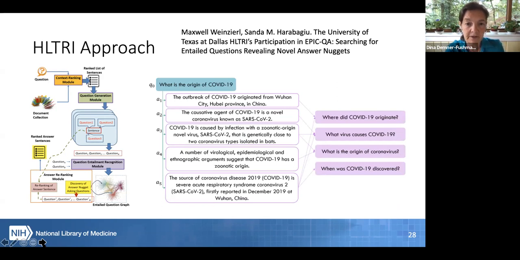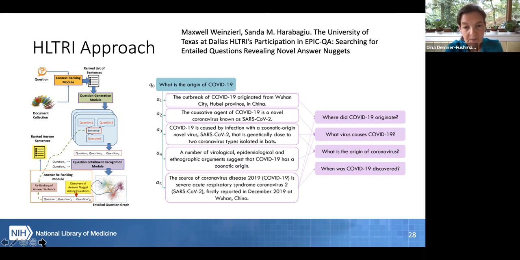So University of Texas, and I think it's fair, if you know that the evaluation metric is after the new nuggets, let's build a system that finds new nuggets. And that's exactly what Max did.